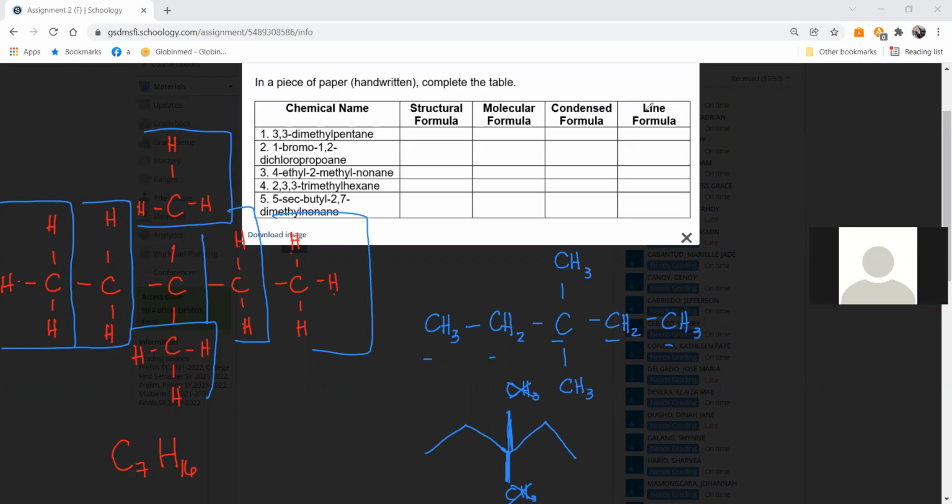Sige, anything else before we move on to number 2? No need to write the word methyl. The line formula only contains lines. So no need to write the names and even the symbols of the branches, except for non-carbon na mga branches.